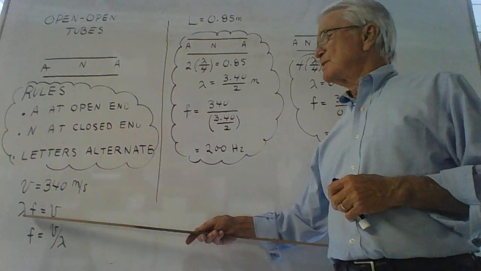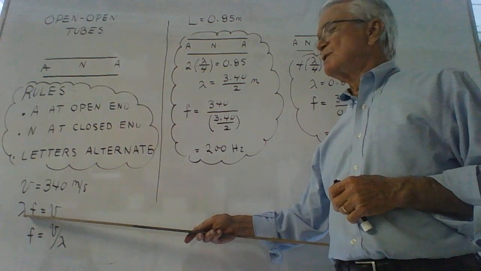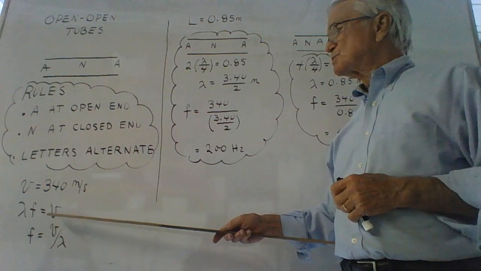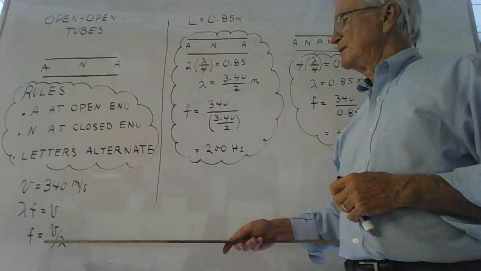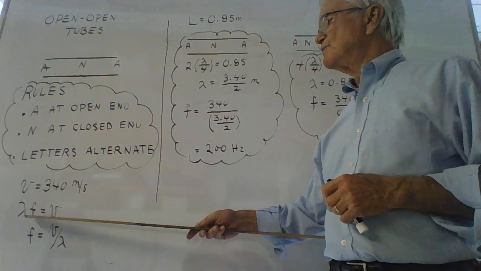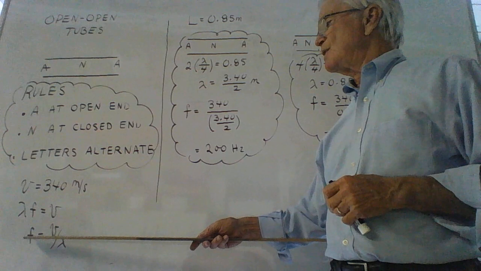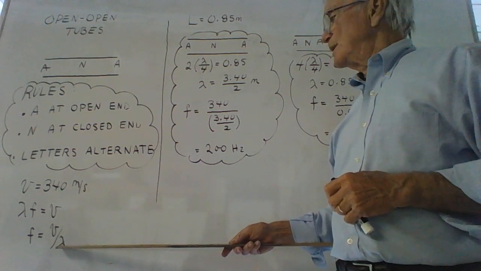And there's the very important wave equation. The product of the wavelength and the frequency of any wave is the speed of the wave. In our case, it's 340 meters per second. The actual equation that we use is a variation of this one where we solve for F. It's V, the speed, 340, divided by the wavelength.